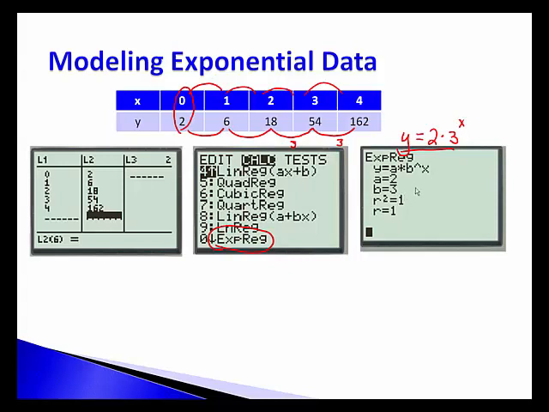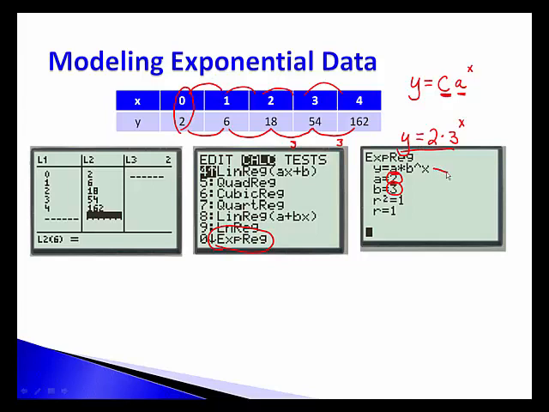Now I want to give you a word of caution. In our formula it says y is equal to c a to the x. Please don't get this confused. The number they give you right here is the number that goes at the beginning. It's what we call c. The number they give you here they call b, and it's what we call a right here.